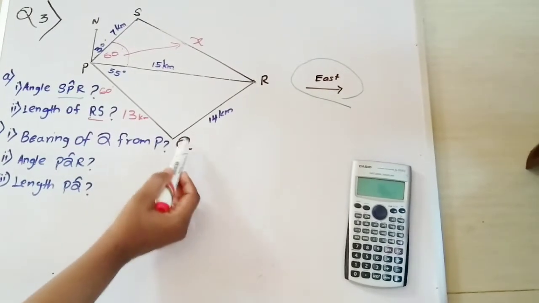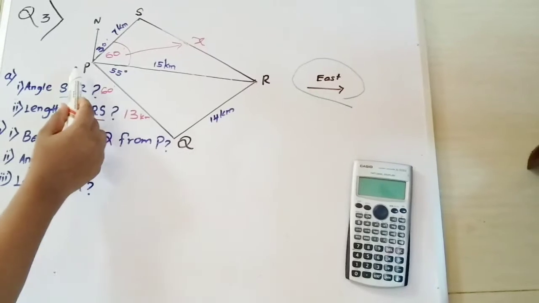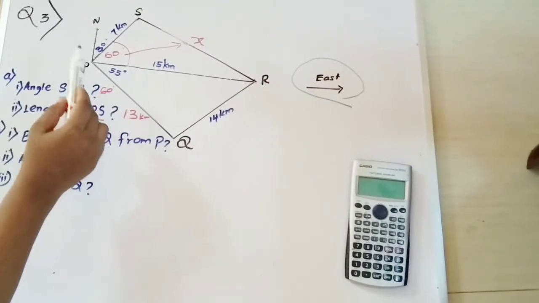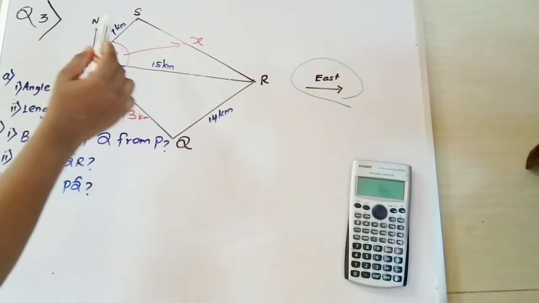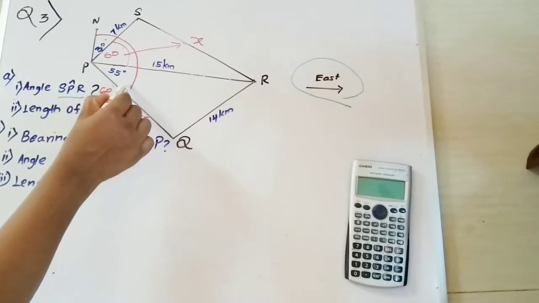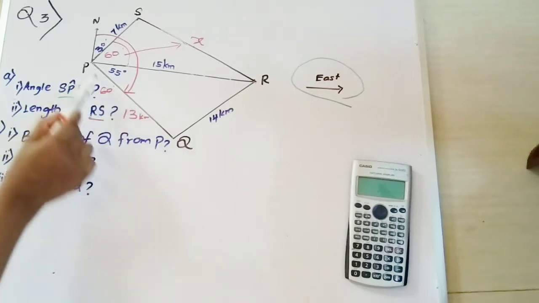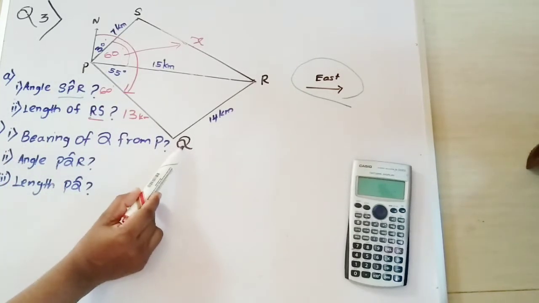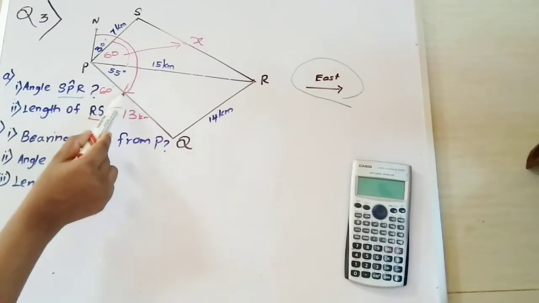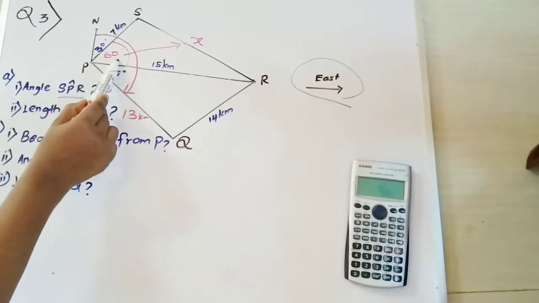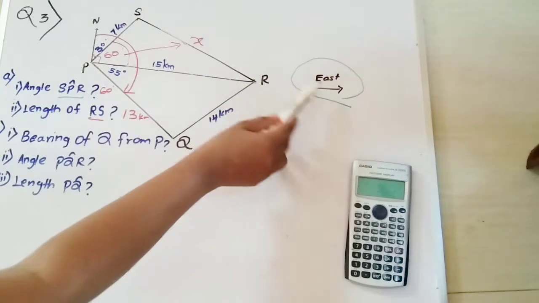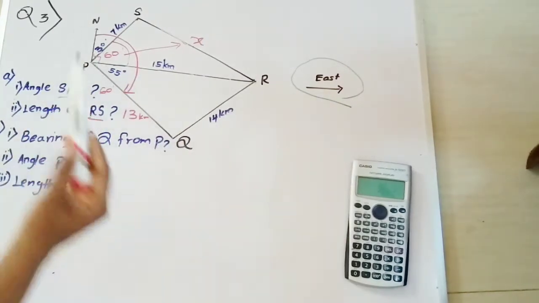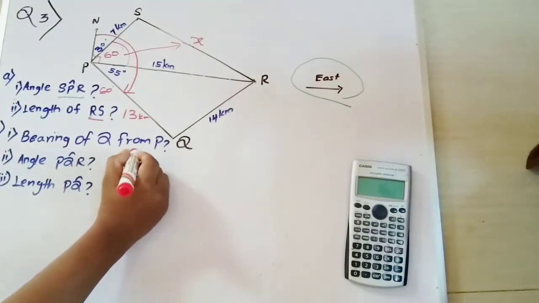Let's do the B part of the question. The first question is the bearing of Q from P. We have to measure the angle from the north direction clockwise. Here north direction to east direction angle is 90.